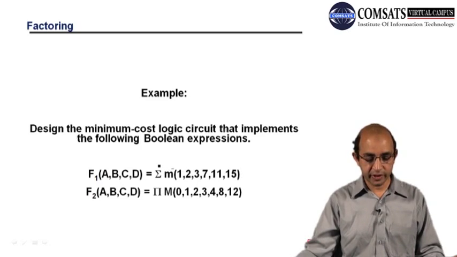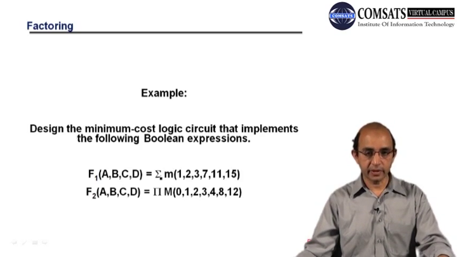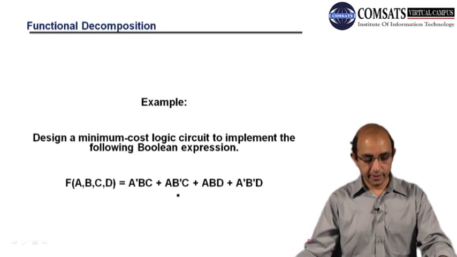We can have 16 different possible combinations. This is sum of the products and this is product of the sums. You can have an idea from the sign: this is the summation and this is the multiplication. So another example.